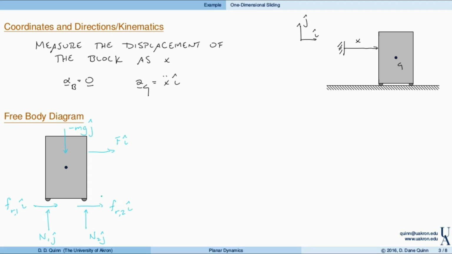And so you may look at this and go, well, wait a minute, the friction force should be to the left, right? Because the block should be sliding to the right. And I would probably agree with you. But the way that I will introduce that is through the relationship between the friction force and the normal load.